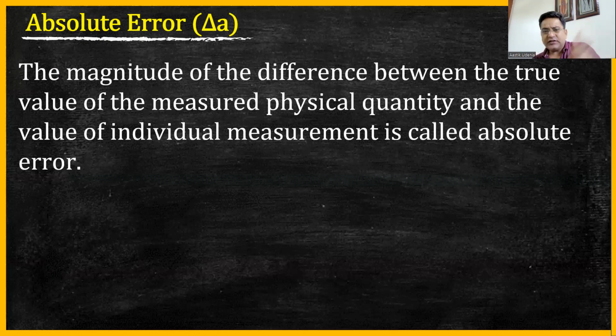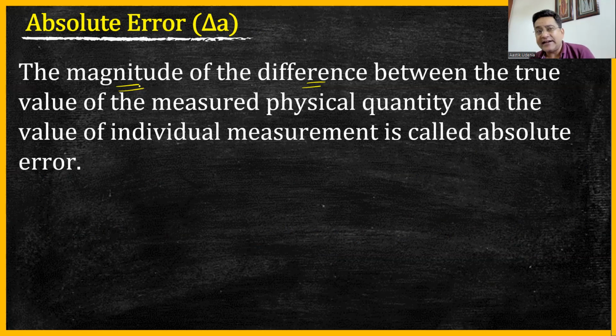That is actually known as the absolute error. The absolute error is the magnitude of difference. Remember, when we talk about errors, even if we are getting the error as negative, whenever we are talking about errors, remember, errors never get subtracted, error always gets added. Do we understand this? Yes, sir.